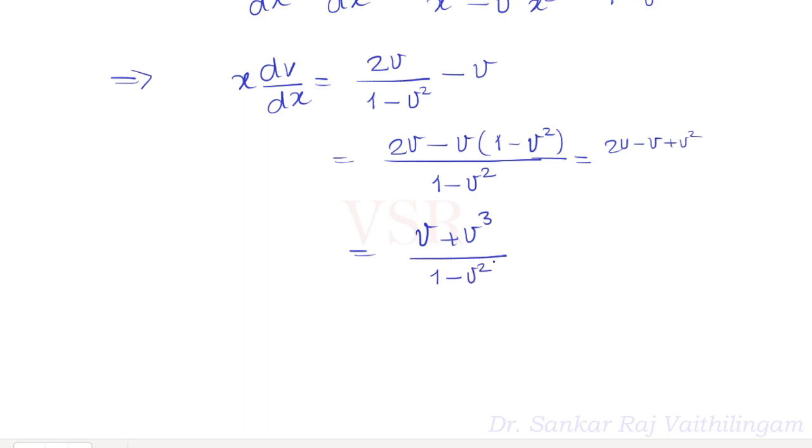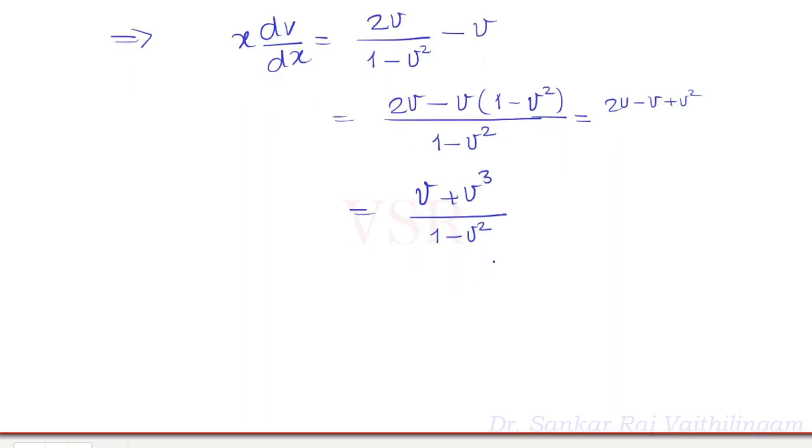Very simple. So this implies that 1 minus v square divided by v plus v cube dv is equal to dx by x.